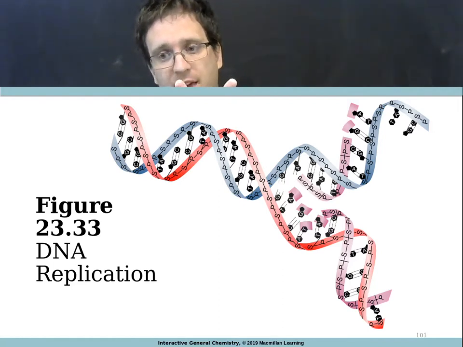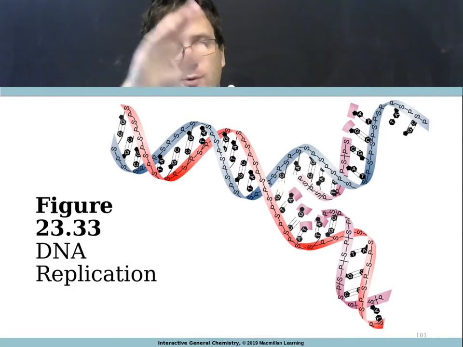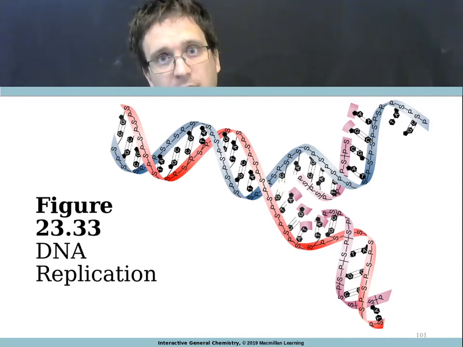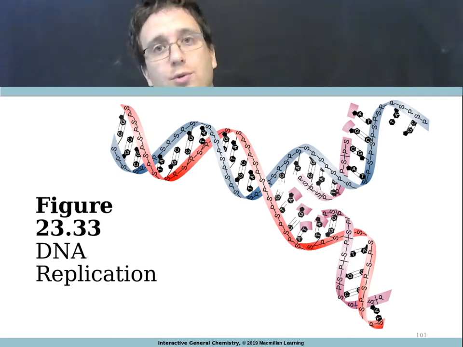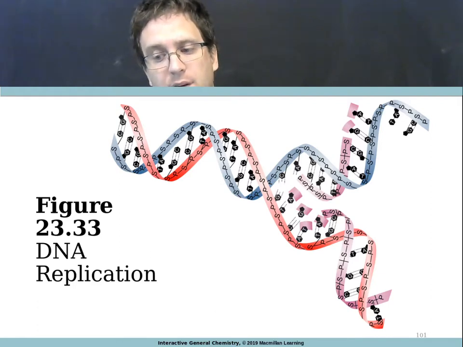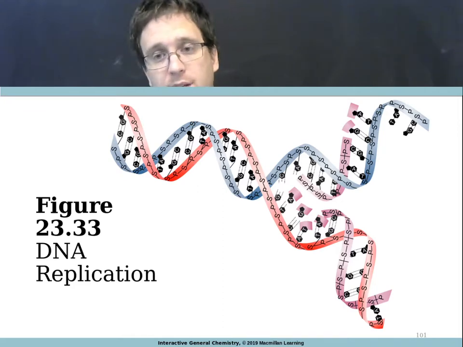And then one protein will do the unzipping, and then it will be followed by proteins that will replicate the DNA, that will construct a whole new strand of DNA to complement the now lone individual strands so that they each have their full complement. It's a pretty amazing process.